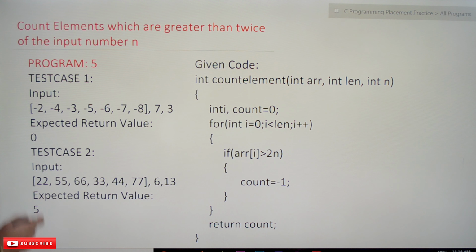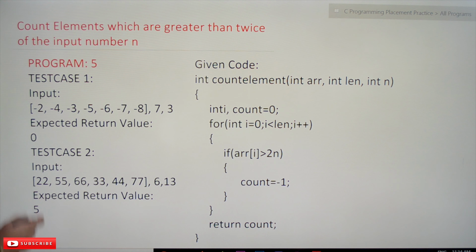Based upon this random number we have to count the elements, not find the elements. We have to count the number of elements in the array which are greater than twice the input number. In the first test case, the input number is 3.